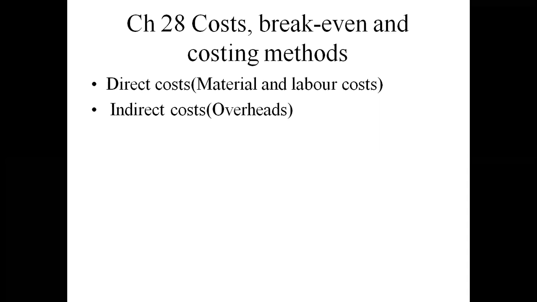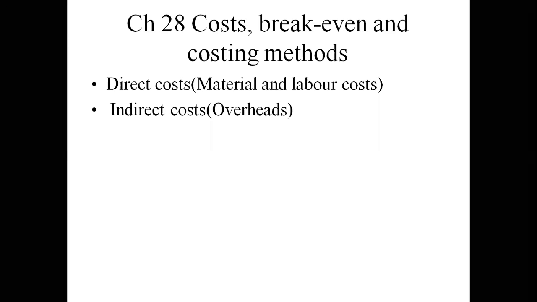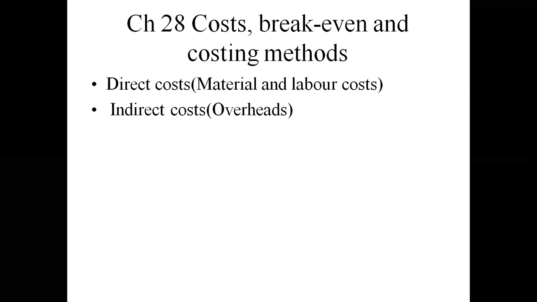Then we have indirect cost, exactly the opposite: you cannot identify that cost from each product. It's not possible to do it. Like, think about rent of the building where goods are produced. Let's say a shoe manufacturing factory, and you do not own the factory, you have to pay rent of the building. Now, can you tell how much rent is involved in making each pair of shoes? Obviously not. Why?